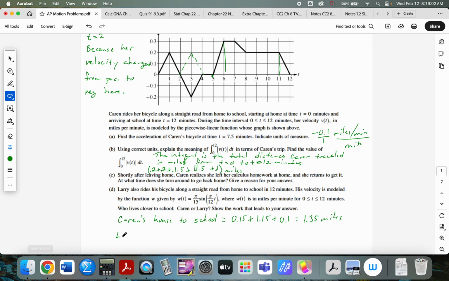And then Larry's house to school is going to be the integral from 0 to 12 of w of t dt. I have no idea what that's going to be.